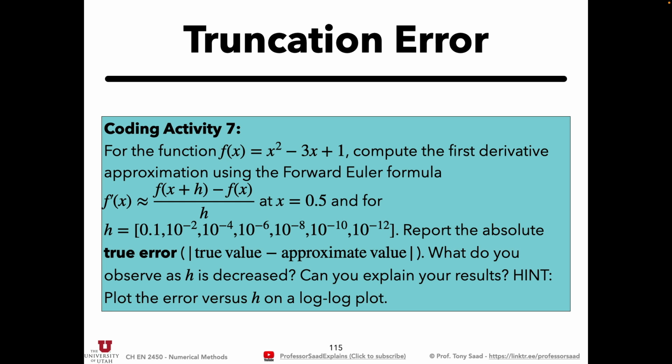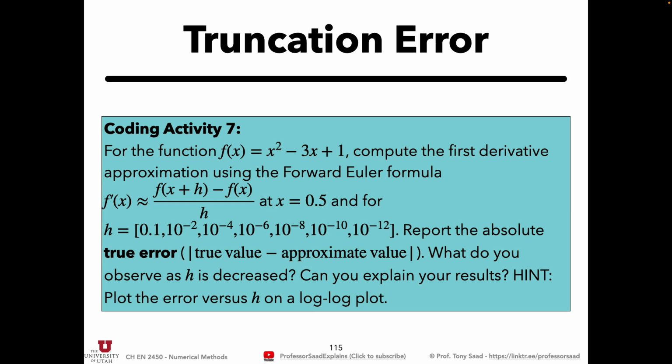Okay, so now I want to take this statement for the function f of x equals x squared minus 3x plus 1. Again, we're using these toy problems to validate our discussions, where I have an exact answer, just to validate that the error indeed decreases as we decrease h, and it gets cut by half every time we cut h by half.